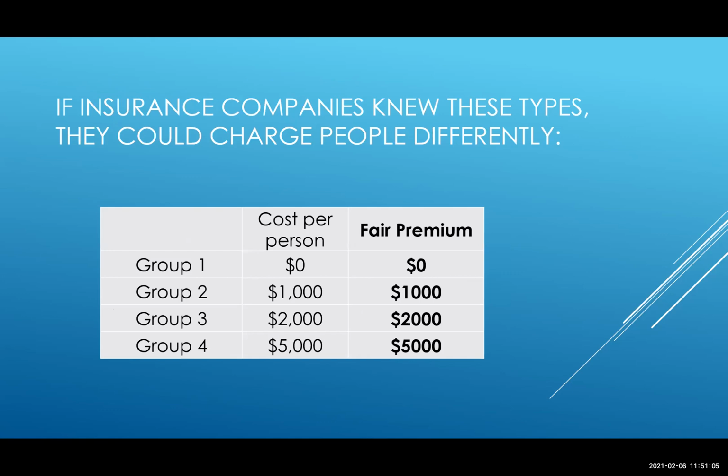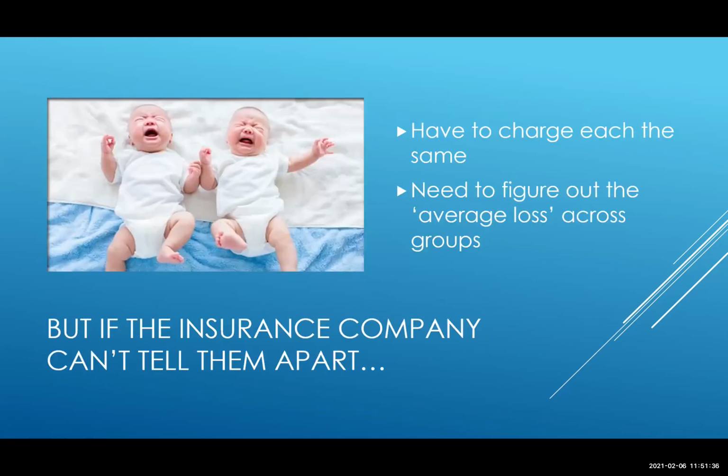So what the insurance company does is, if they knew which company was going to cost them more, they would charge those differently. They would actually charge the fair premiums, the cost per person. But in this case, they don't know what each of these companies actually do, and they can't tell them apart, so they have to charge everybody the same.